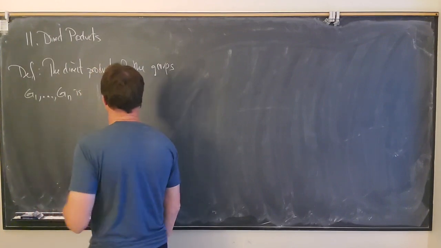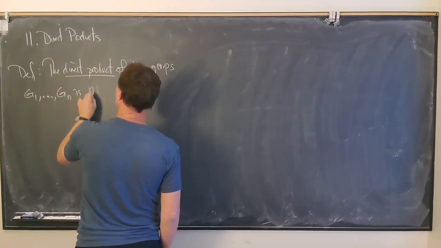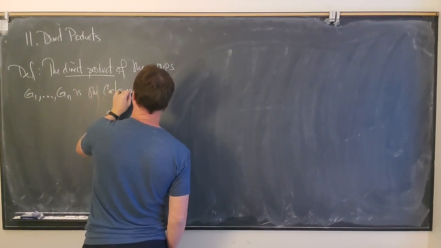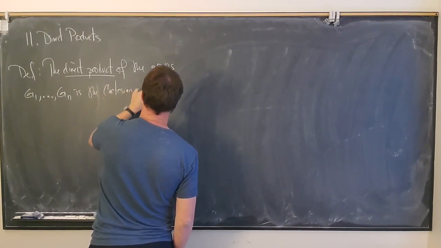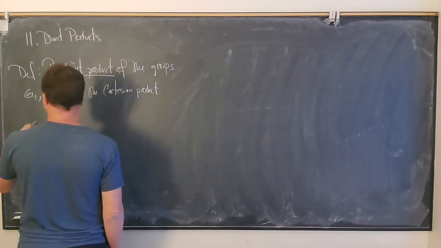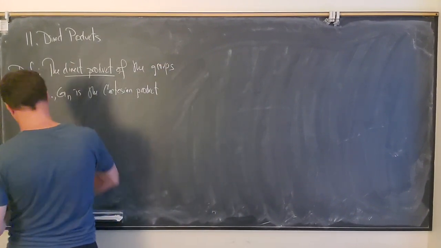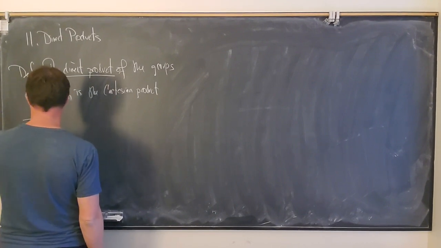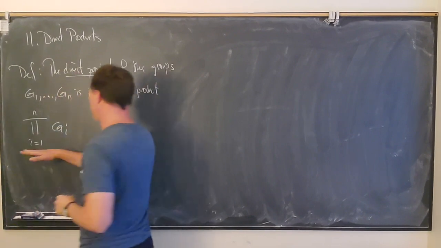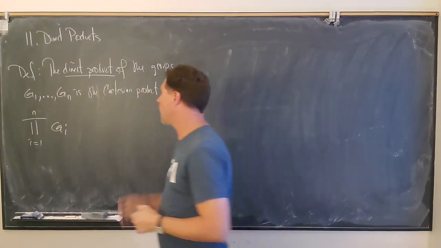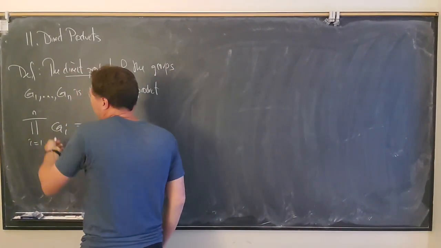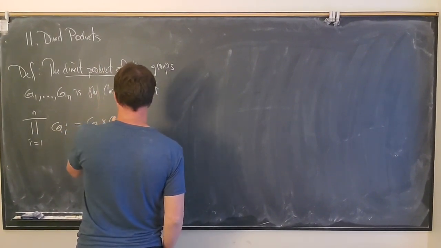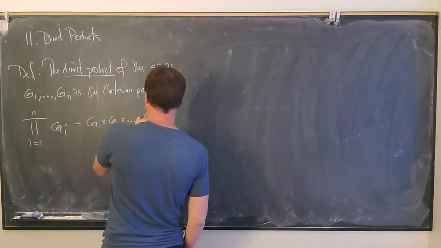And so the direct product is the Cartesian product. If you want to get fancy, sometimes it's written this way with a capital pi, i equals 1 to n, G sub i. This is often used for Cartesian product, but more often I'm just going to write it out: G1 cross G2 cross dot dot dot cross Gn.